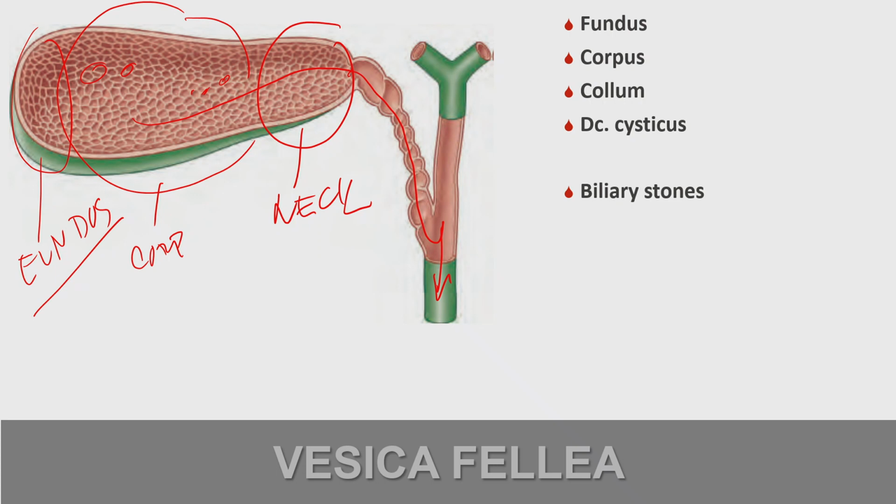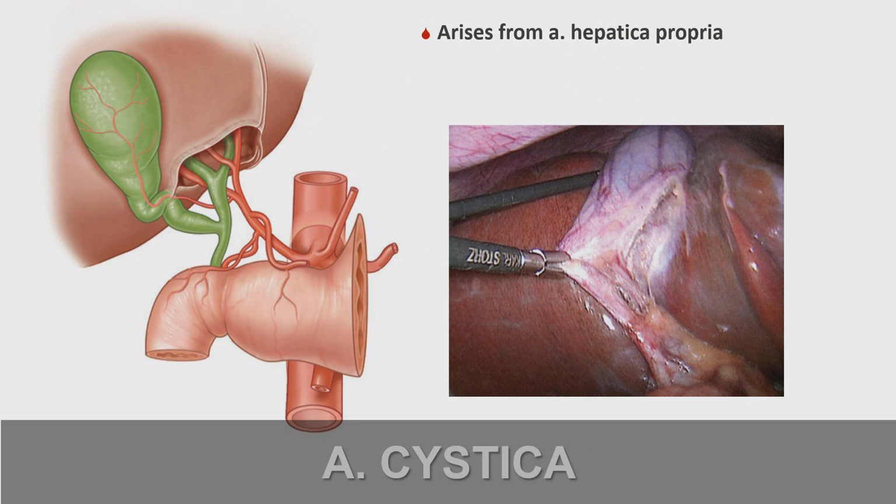Due to over-resorption of the water in the biliary system, crystallization of some of those substances dissolved in the bile could occur, like biliary stones. They could be made from bilirubin or cholesterol or both together. The supply of the gallbladder is important.